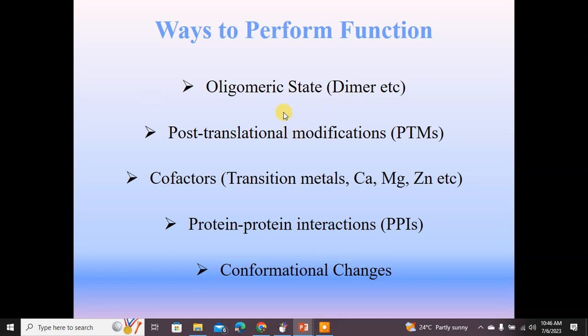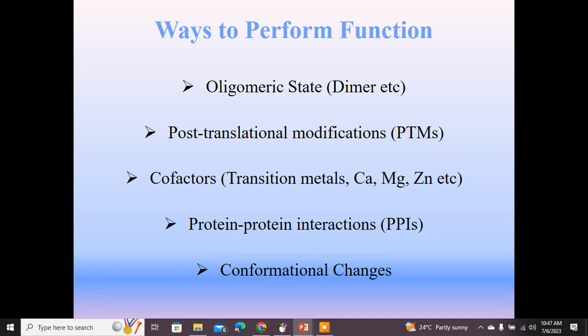Oligomerization, or we call it the oligomeric state. The second one is post-translational modifications, or PTMs. The third one I would say is cofactors, which are normally divalent ions or transition metals like calcium, magnesium, zinc, iron, etc. And the fourth one is PPI, or protein-protein interaction, and the fifth one is conformational changes.